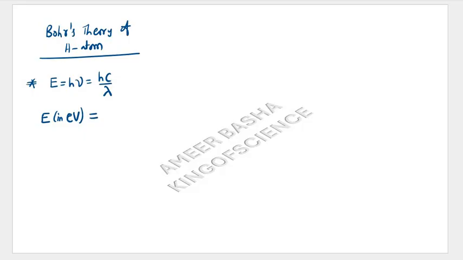Then the hc value will be approximately 1242 divided by lambda in nanometers. This is a very important relation. We frequently use this relation. So in the numerator it is 1242, which means hc is indirectly 1242 electron volt nanometer. Okay, this is the first formula I required.